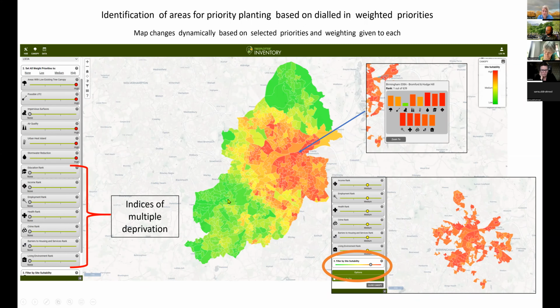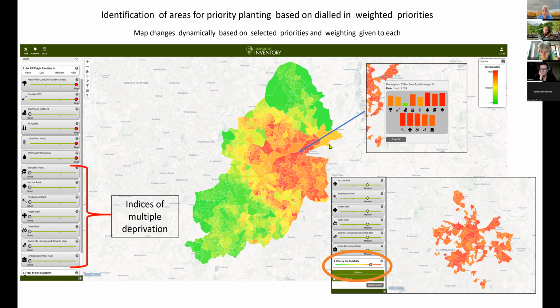So the areas that would be most benefited by green infrastructure interventions show up red based on the priorities that we've set. And as we do this, we can filter by site suitability. That brings us down to a selection of neighbourhoods. Those are those LSOAs, and those, like I said, are the ones that we should be prioritising for planting based on the factors that we've put in.